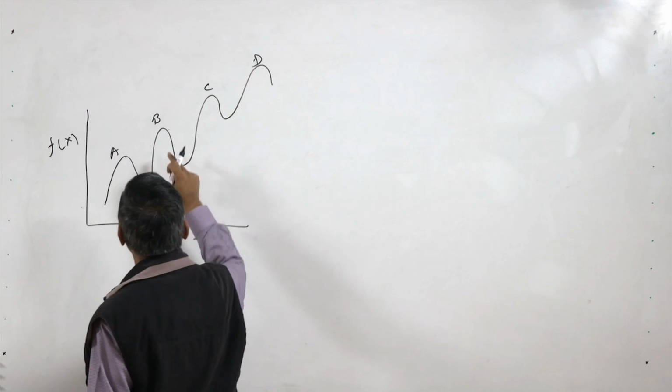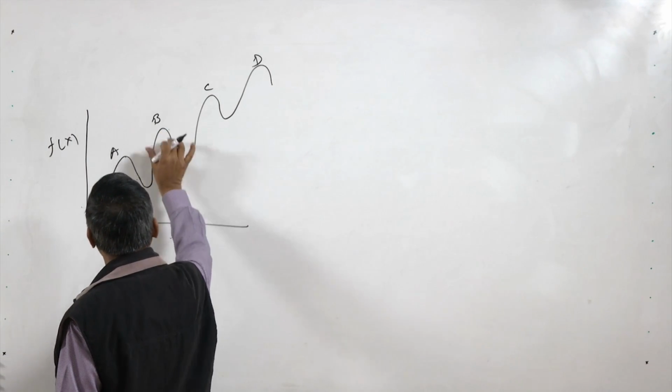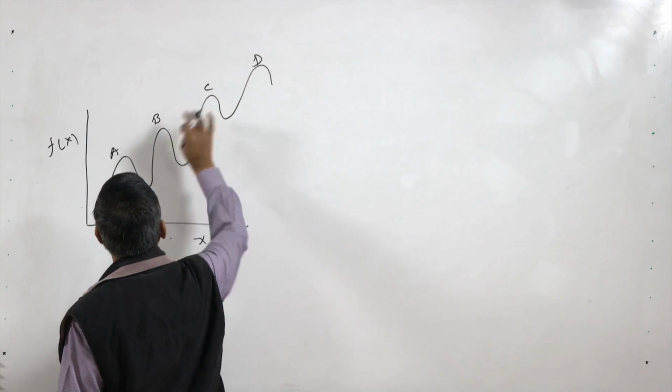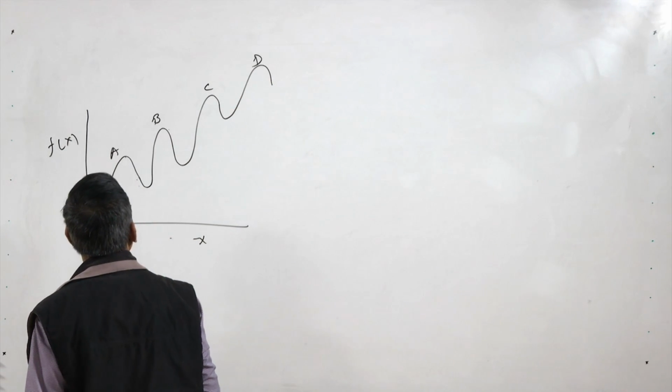Similarly, the B value is highest nearby, so this is again called a local maxima, and C value is highest nearby, so this is called a local maxima, and this is also called a local maxima.